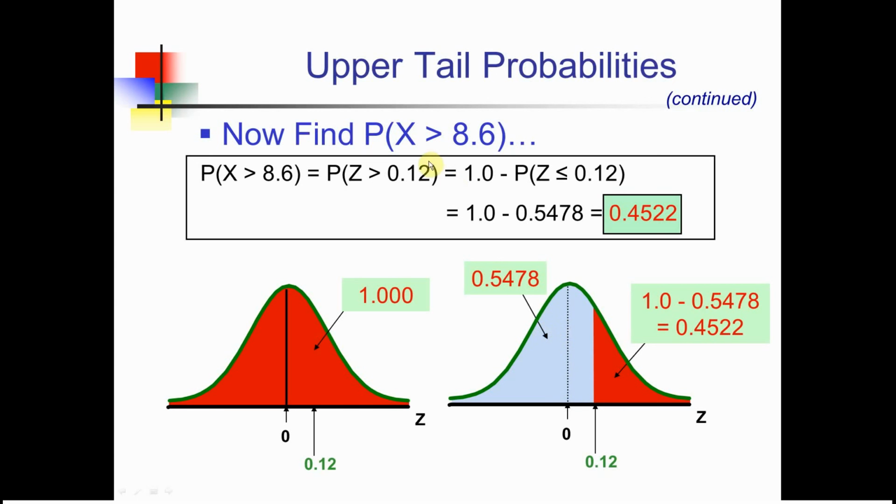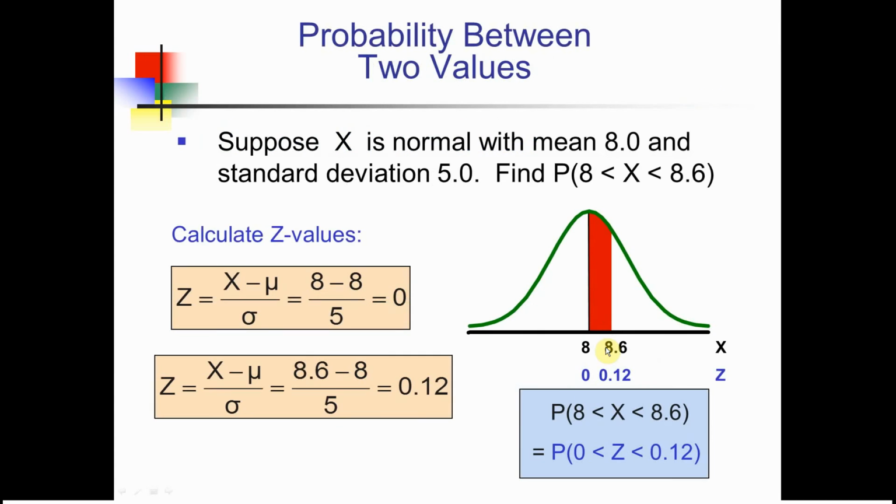This blue part here is the probability that z is less than or equal to 0.12. So now we can look this up on our table. What is the probability that z is less than 0.12? We get 0.5478, like we saw before. 1 minus that would be 0.4522, and therefore the red area here is about 45%. And you can see that's about right. It's going to be less than 50%.